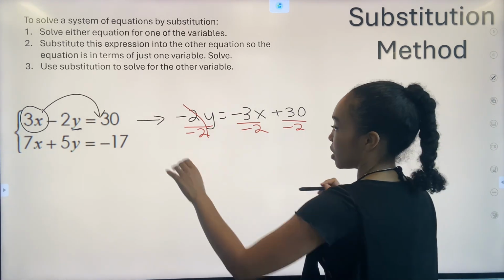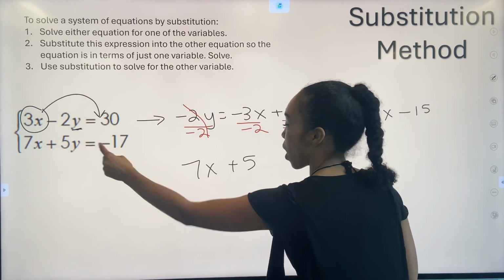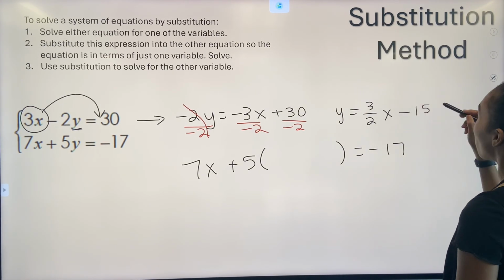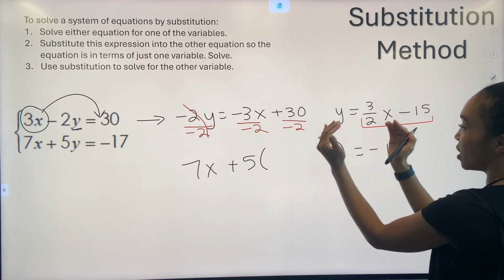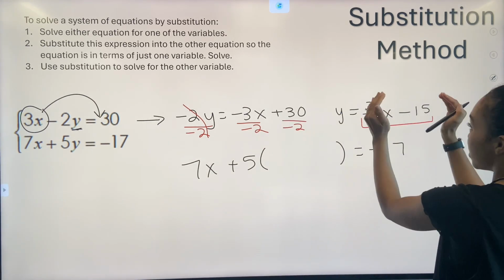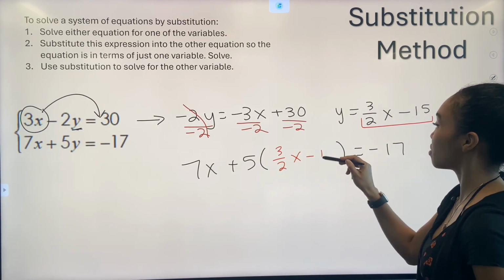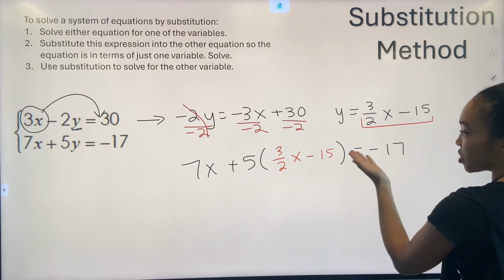This is the second equation. I'm going to write it down. And in the place of y, I'm going to draw parentheses. I'm going to substitute this y expression into where y is. So where the y is, I'm going to replace it with this expression, 3/2 x minus 15. Now notice, this whole equation just has x's.